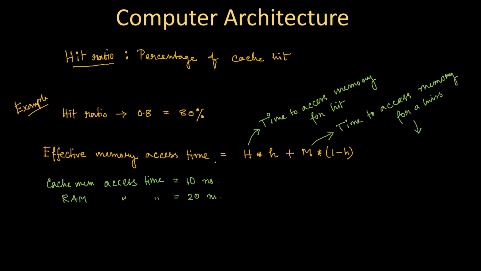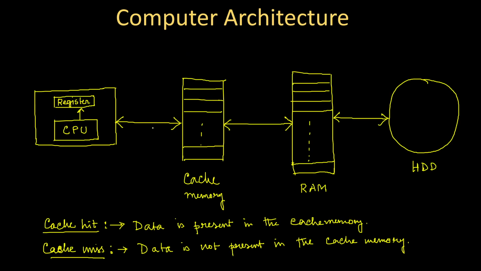But when there is a miss, that means that the CPU has searched the data in the cache. Anyhow, the data was not present in any block in the cache. That is why the CPU has searched the RAM. That means if there is a miss, then the time to search in a cache memory is wasted.